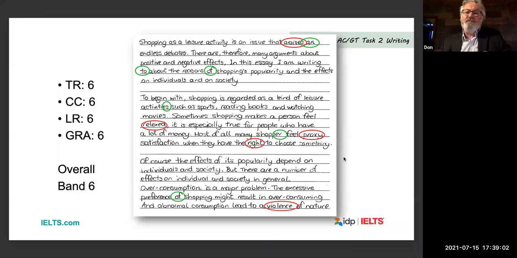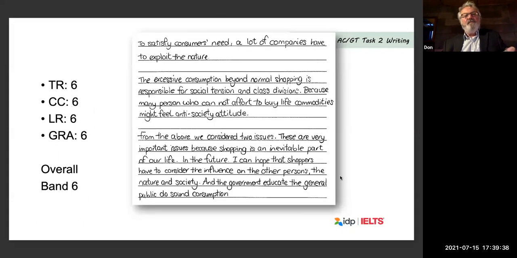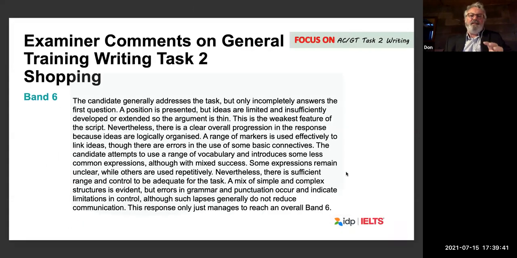"The reasons of shopping's popularity." The wrong preposition. The reasons for shopping's popularity. "A kind of leisure activities." We can't say that. A kind of one thing, activity. "Many shopper," the plural, the S is missing. "The preference of shopping" should be "the preference for shopping." We have those little errors there, which mean that the grammar cannot get more than a band 6.